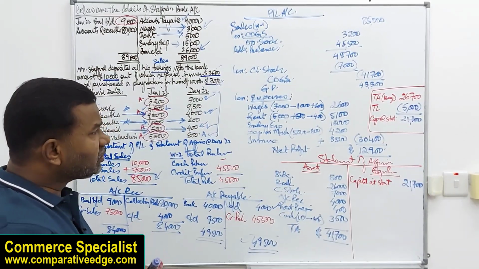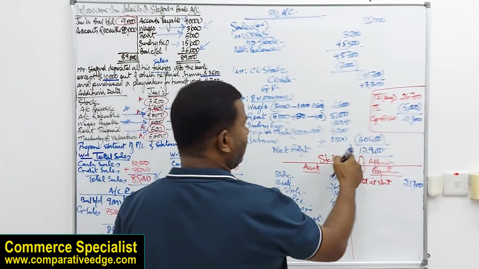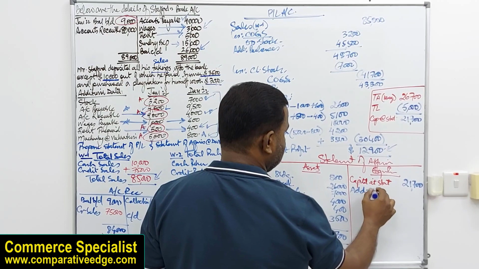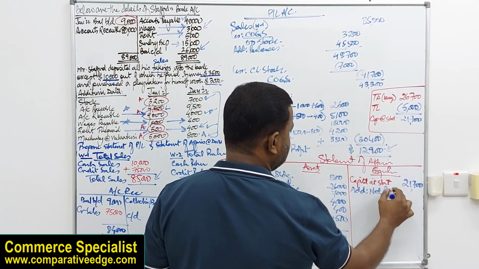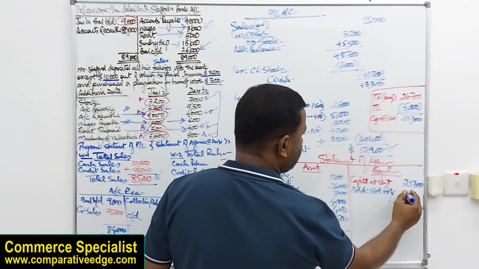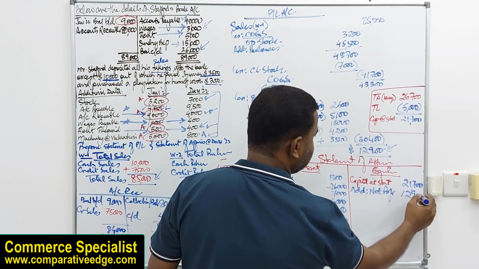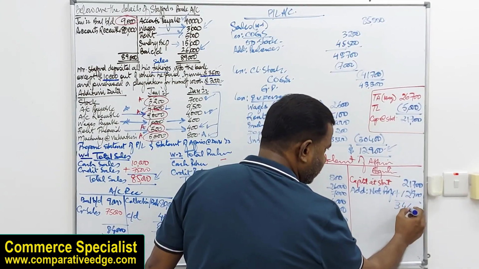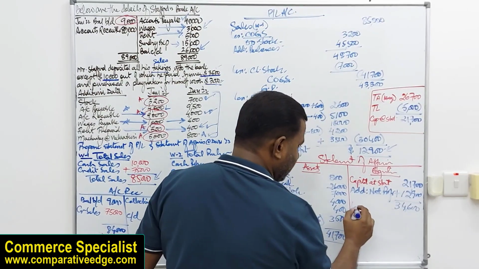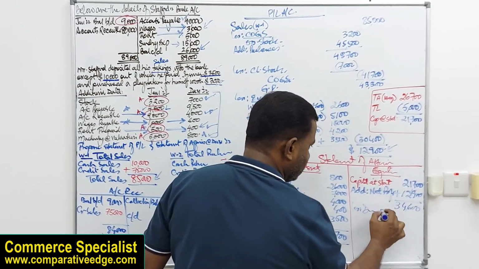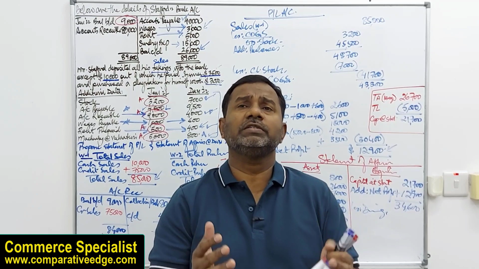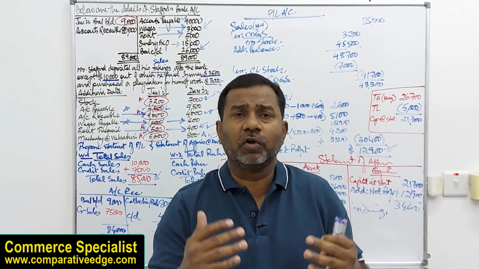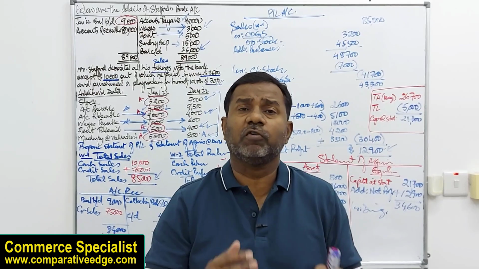Now in this capital at start, you got to add net profit, which we calculated 12,900. You add these two, you'll get 34,600 less drawings. So what are drawings? Drawings are money or equivalent taken out from the owner from the business for private use.